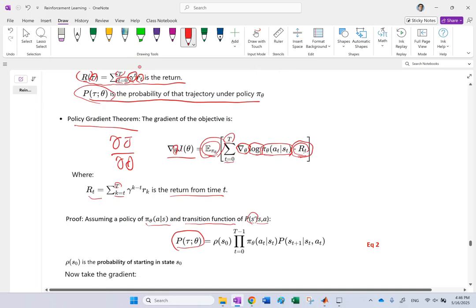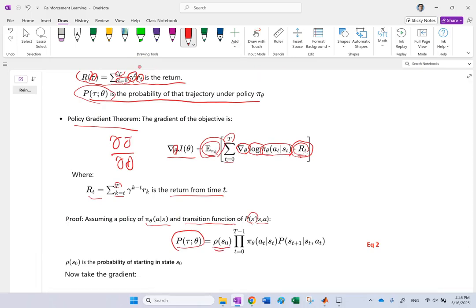It is the probability of being in the initial state, rho of s0, times the product from t equals 0 to T minus 1 of the policy times the transition function.